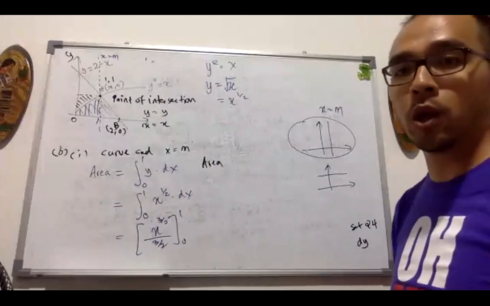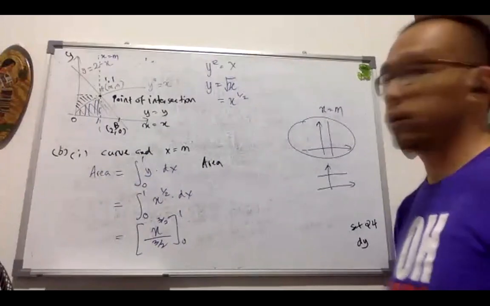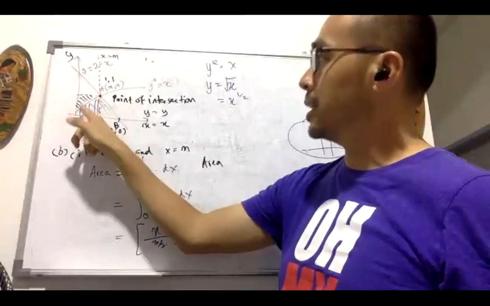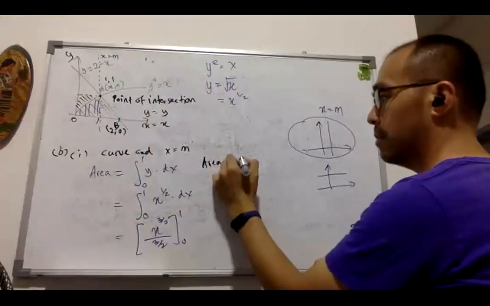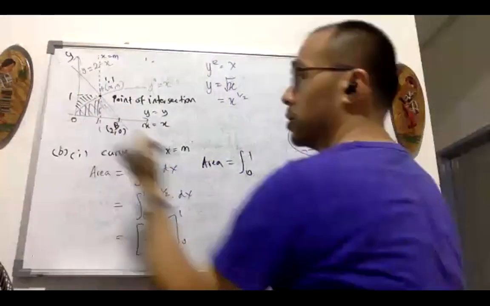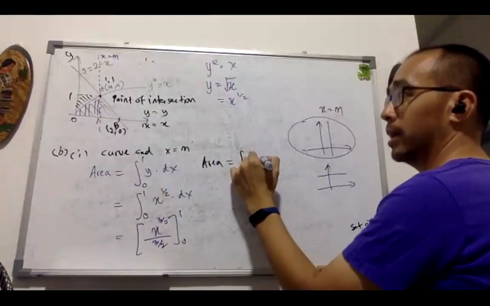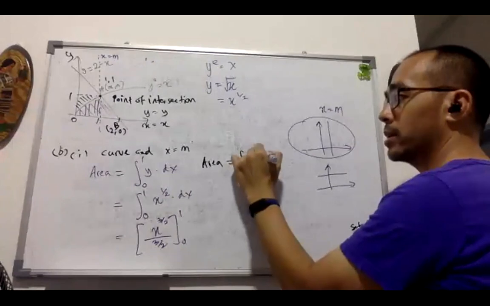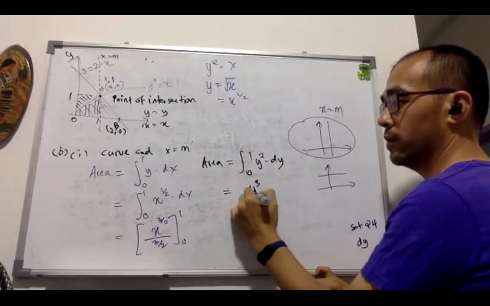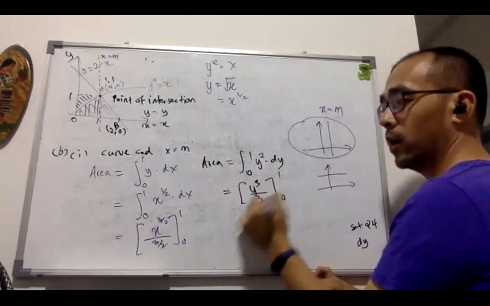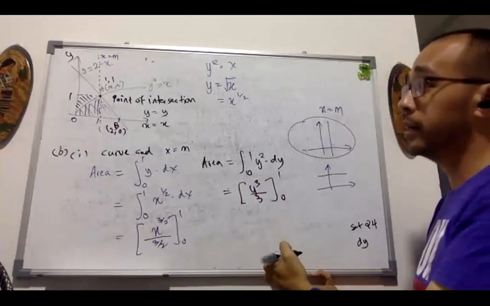You can use dy, but it's longer. If I use dy, I'm using the same curve, which is totally fine. 0 to 1, because this is also 1. But instead I'll be having y squared against dy. This one will be y cubed over 3 from 0 to 1, and then substitute.